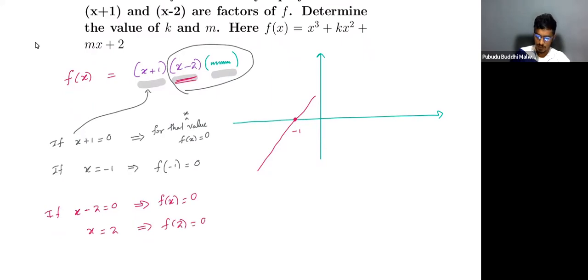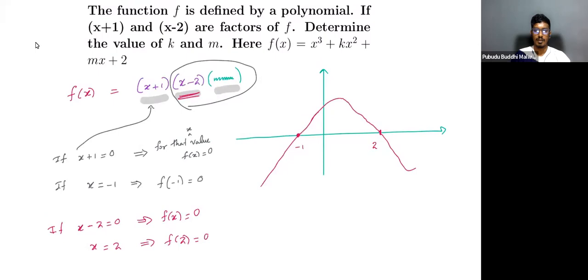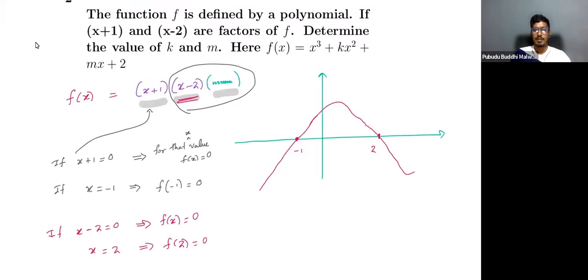For this particular x value, y value equals 0. Like this. There can be other x-intercepts, but right now we have these two. Now we can use these ideas to compute k and n, right? Because we have that function.